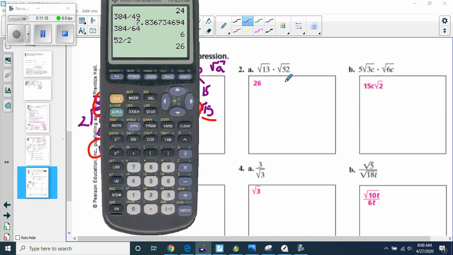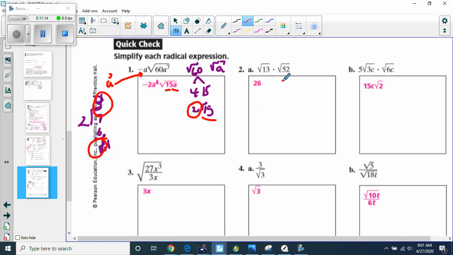So this is really 2 times 26, and then they're going to multiply it by 13. Radical 2 times 26 times 13. If you get good at this after a while, you can see that this is another 26, and it's really 26 times 26. But that's a little bit tricky to do.